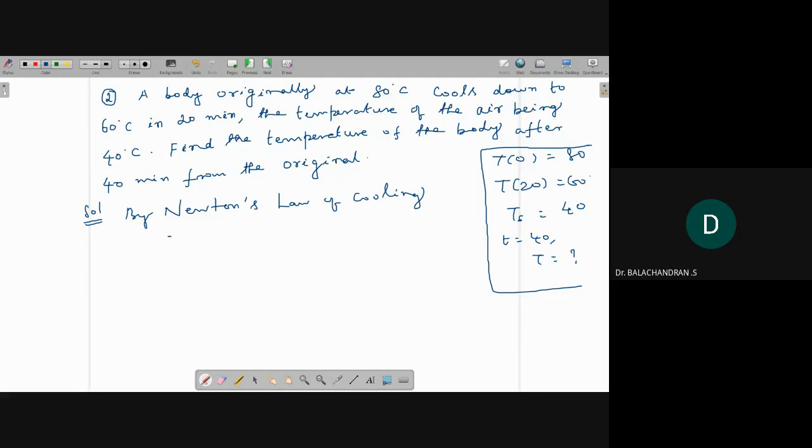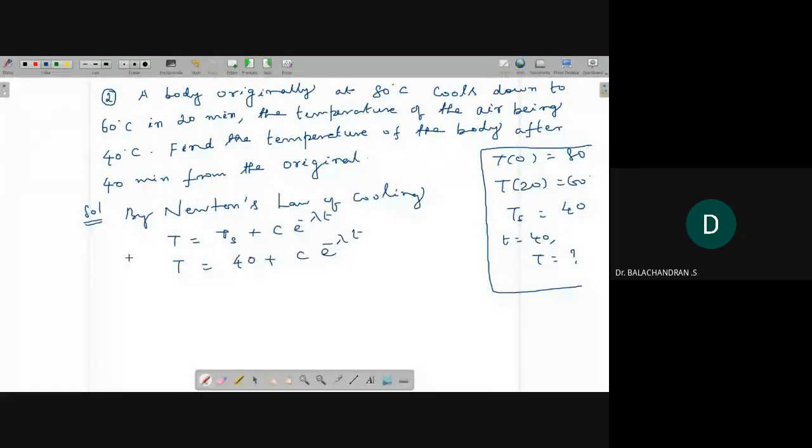T equal to Ts plus C into e power minus lambda t. So T equal to 40 plus C into e power minus lambda t.